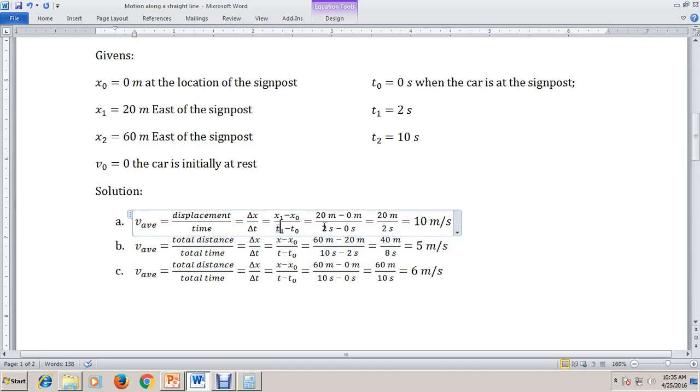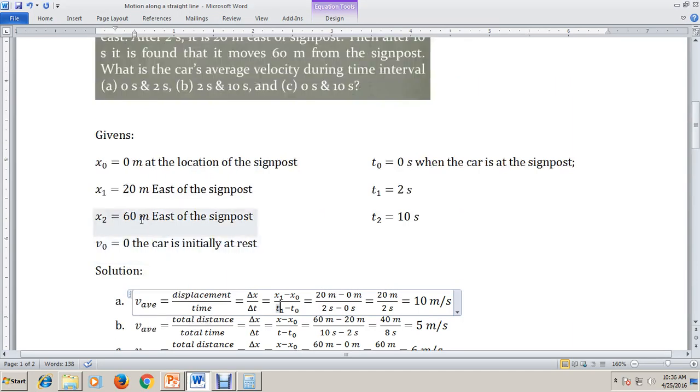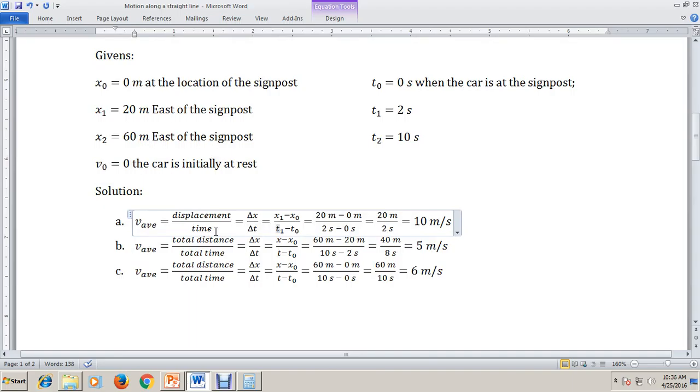The givens are the following: 20 meters is x sub 1, 0 meters is x sub 0, t sub 1 is 2 seconds, t sub 0 is 0 seconds. So 20 minus 0 gives you 20, 2 minus 0 gives you 2, and 20 divided by 2 gives you 10 meters per second as the average velocity. So that is displacement over time.